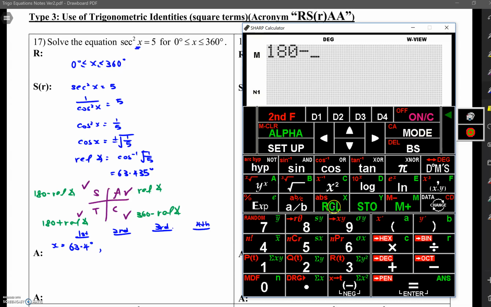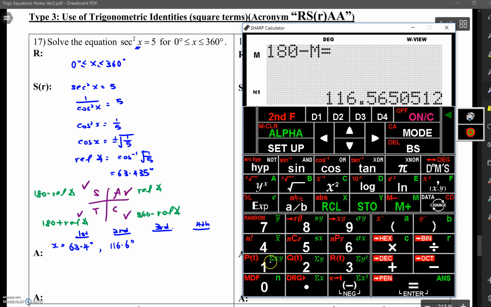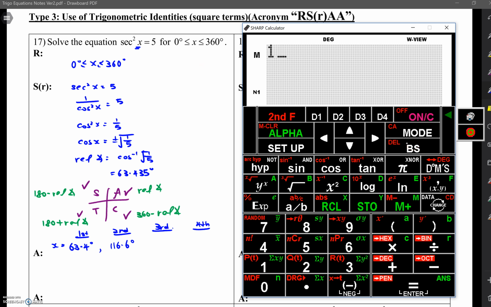Okay, second quadrant is taking 180 minus the recall memory. And I'll get 116.6 degree. Okay. Next one is simply just taking 180 plus recall memory.